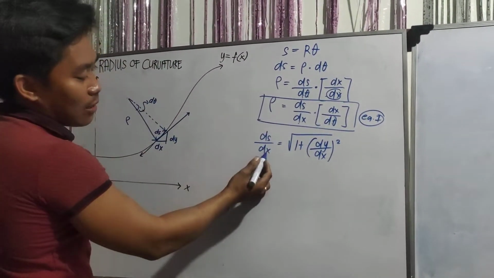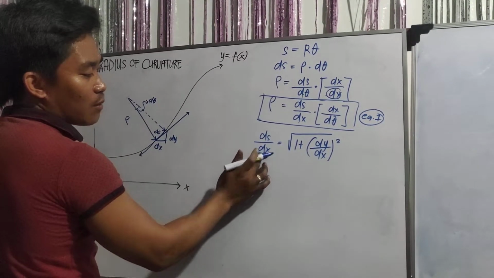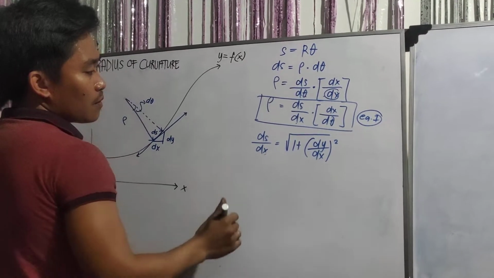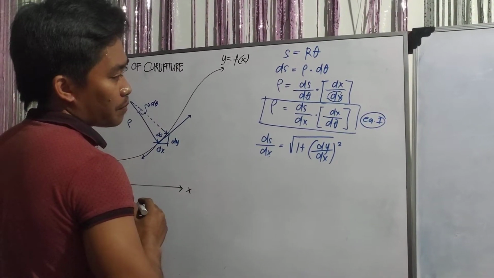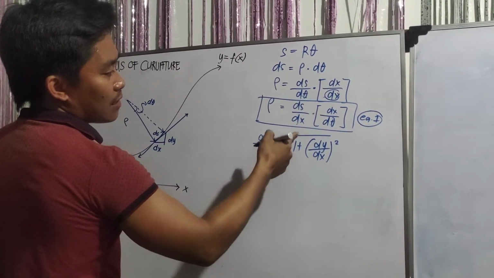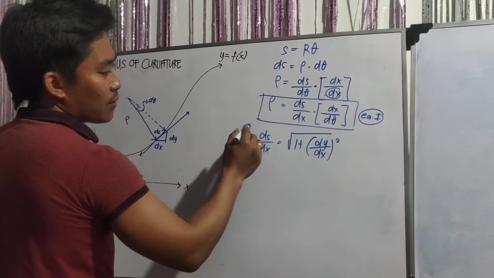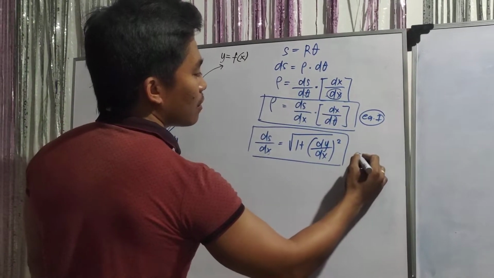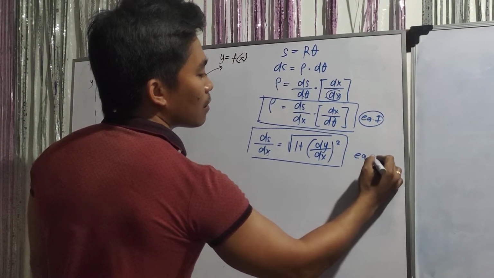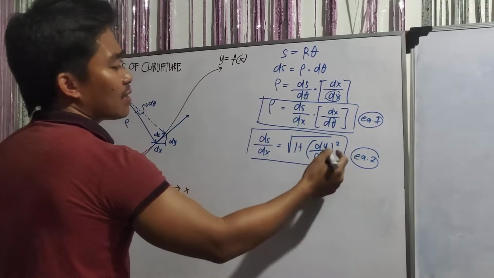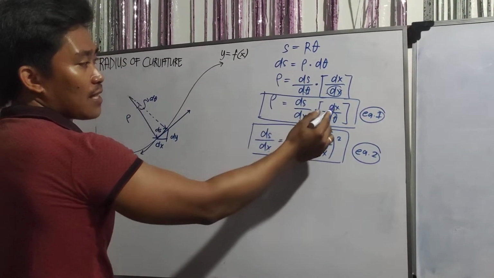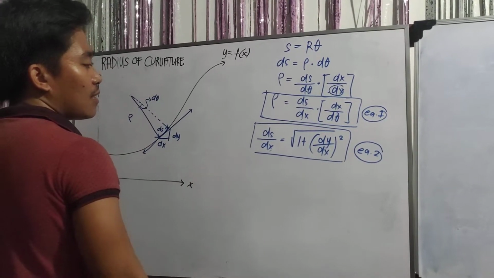You may wonder why dx is here. Actually, that dx, you can move over there and integrate. Now, we already have this equation. So, this will become our equation 2, which will be substituted later in our equation 1. Our goal now is to find this dx over d theta.